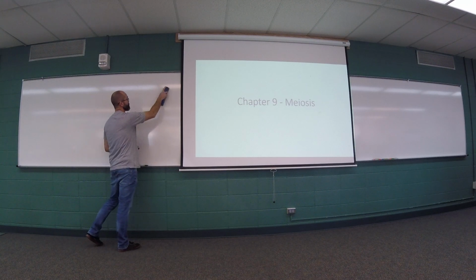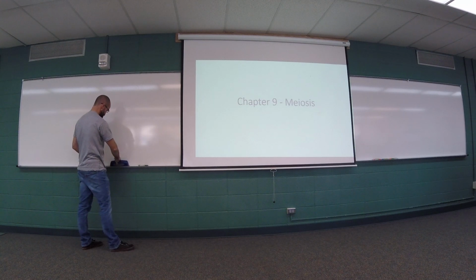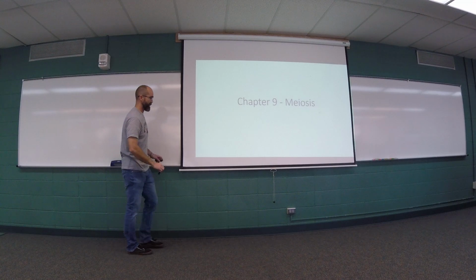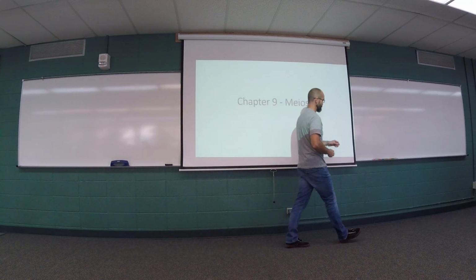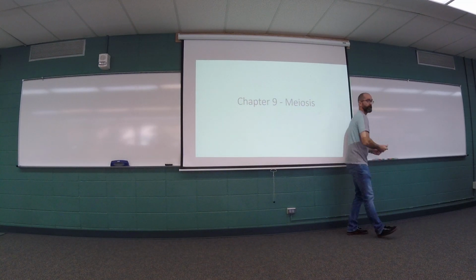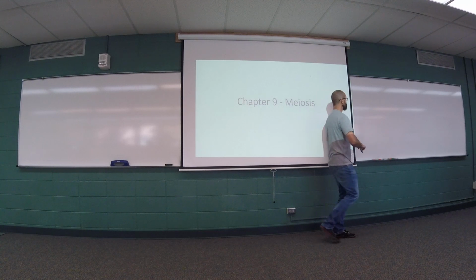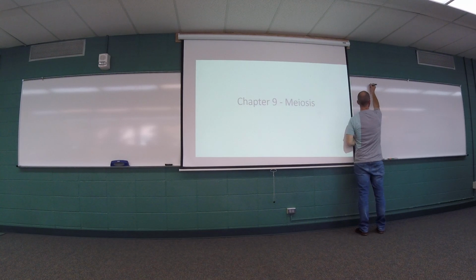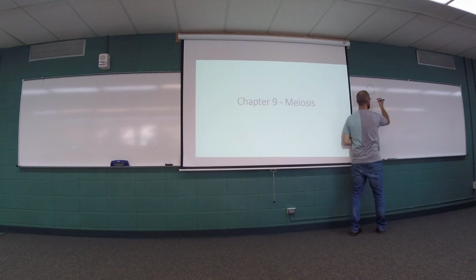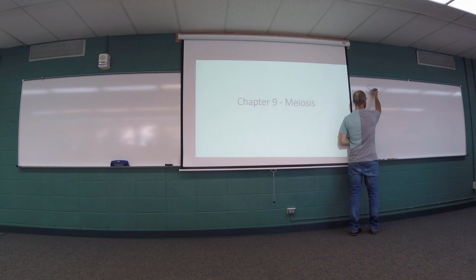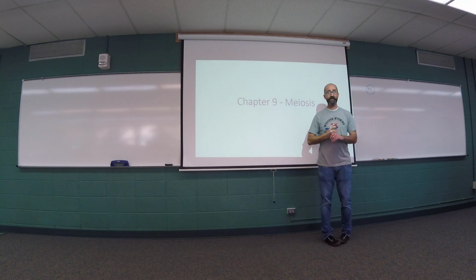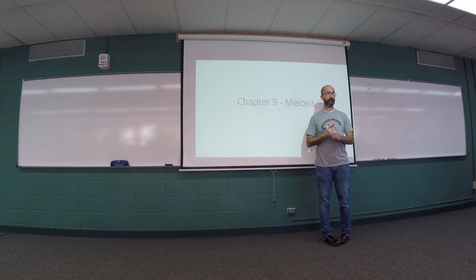So a very broad brushstroke diagram of mitosis will look something like this, where in our bodies, we start off with a cell that has 46 chromosomes in it, right? And that is the diploid number. That's the full complement of chromosomes.